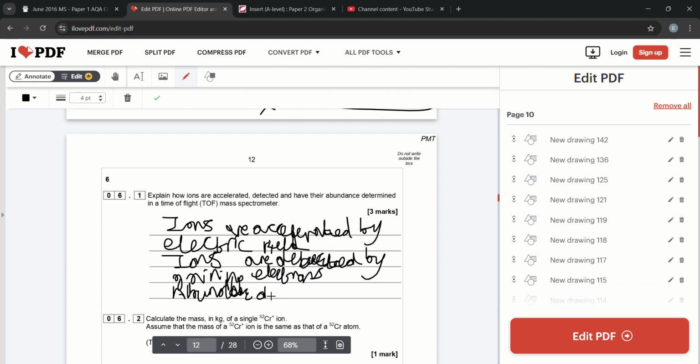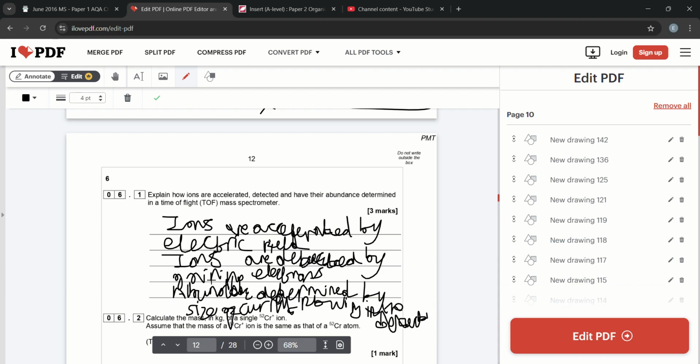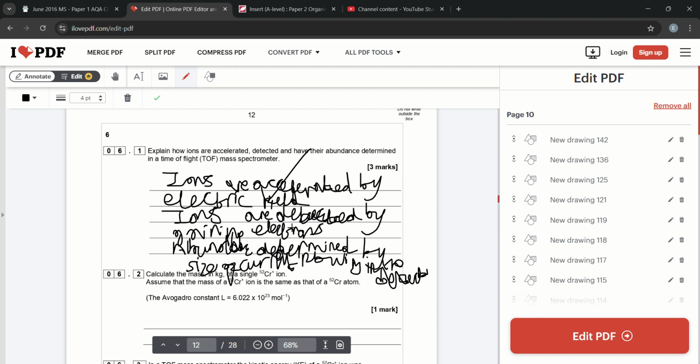So abundance is determined by the size of the current flowing in the detector, or the amount of electrons gained. So ions are accelerated by an electric field, ions are detected by gaining electrons, and abundance is determined by the size of current flowing in the detector.